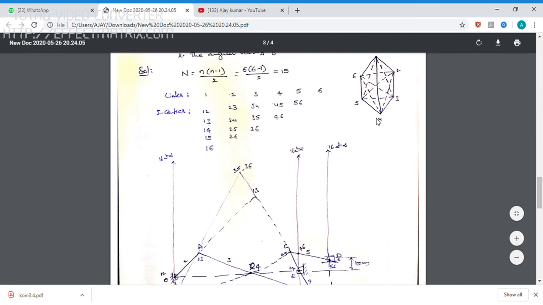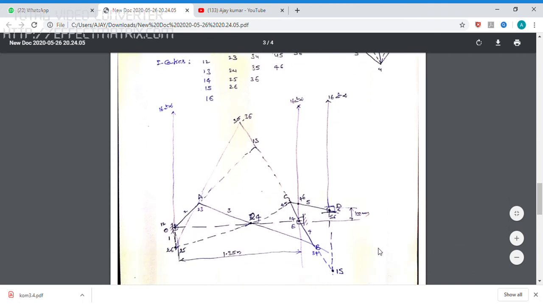Next triangle is 2 1 4. 2 1 4 and 2 3 4. Suppose I take 2 3 4. 2 3 4 means the 2 3 instantaneous center and the 3 4 instantaneous center. Where are the 2 3 and 3 4 instantaneous centers? These are the 2 3 and 3 4 instantaneous centers.